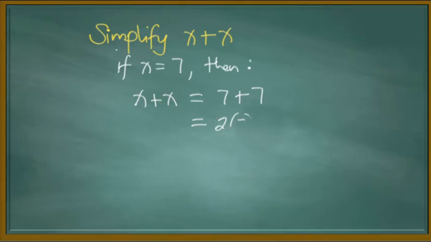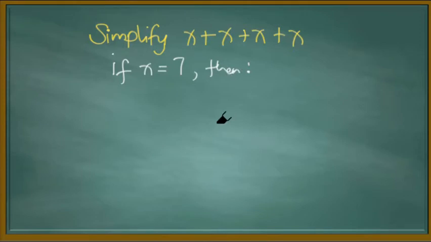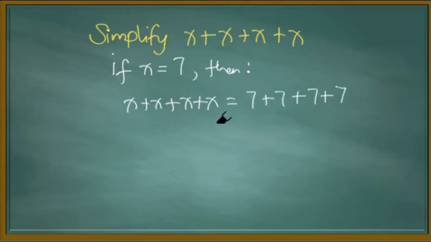Now, let's try another one. Let's simplify x plus x plus x plus x. Again, this could be translated as a number added to itself 4 times. So if x, once again, were equal to 7, then we say that x plus x plus x plus x is equal to 7 plus 7 plus 7 plus 7.